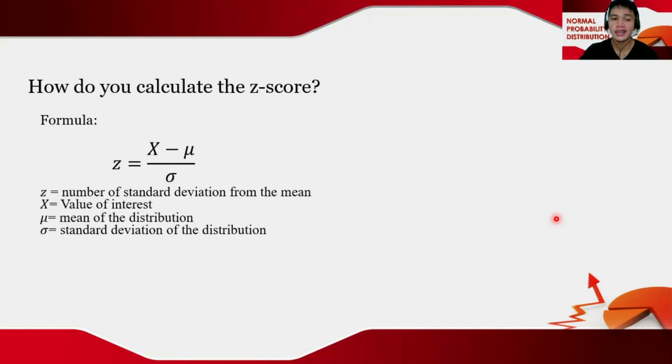The formula for a z-score is z equals the ratio of the difference of x and mu over sigma, where z is the number of standard deviations from the mean, x is the value of interest, mu is the mean of the distribution, and sigma is the standard deviation of the distribution. We will denote x bar for mu and s for standard deviation if we are just getting it from a sample.